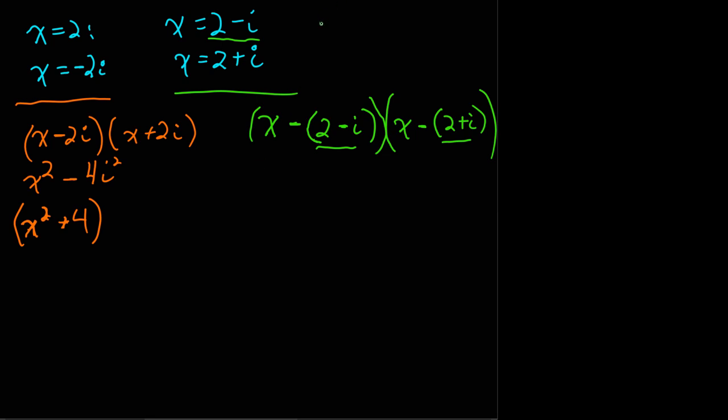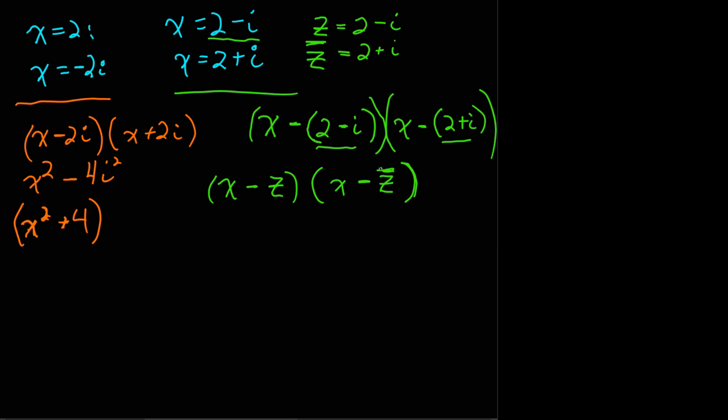Back in chapter 3 we said a complex number z equals 2 minus i. Its complex conjugate we would put a bar over top of, and that is 2 plus i. So I'm going to rewrite this as x minus z times x minus the complex conjugate of z. I'm doing this so that I can focus on these things individually.